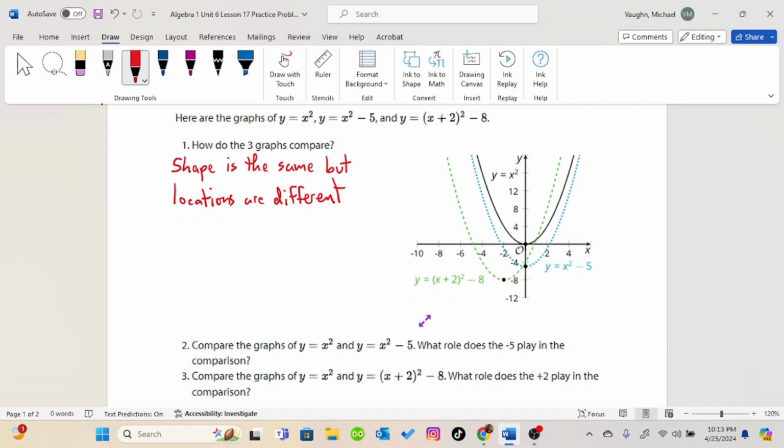Number 2, compare the graphs of y equals x squared, which is the black line, and y equals x squared minus 5, which is the blue line. What role does the minus 5 play in the comparison?